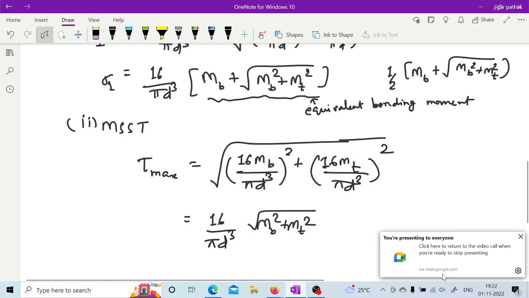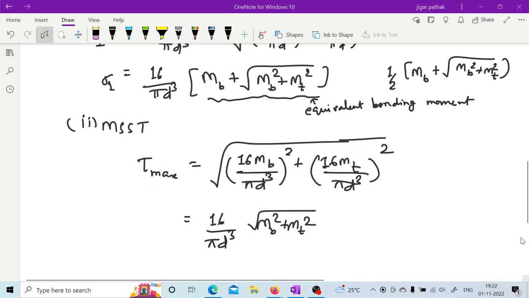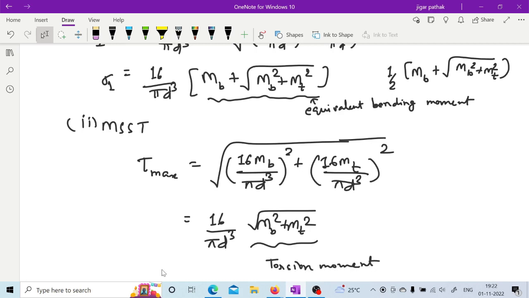As you can see here, this tau max is equal to 16 upon pi d cube and under root of Mb square plus Mt square, where this under root of Mb square plus Mt square is known as the equivalent torsional moment. Once you get this shear stress, you know that the allowable shear stress is related to the yield strength by this relation: allowable shear stress is half of the yield stress.